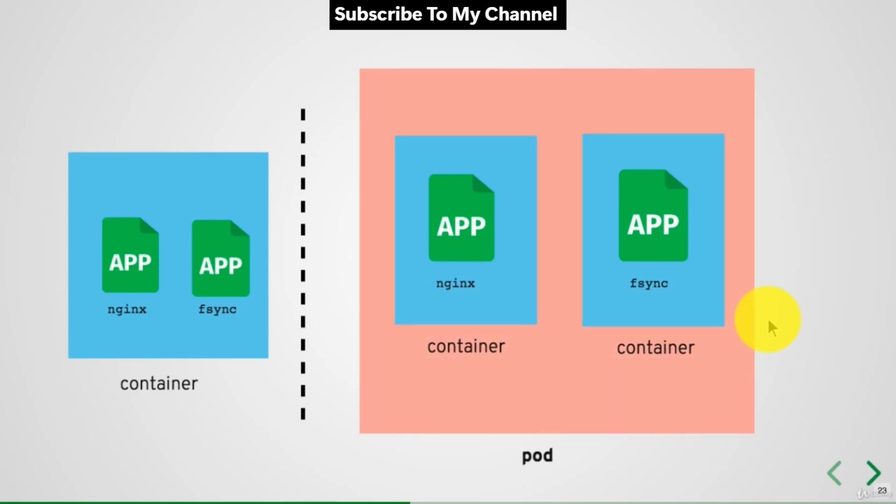And that is in the form of pods. So the unit of deployment in Kubernetes is not a container, but a pod, and a pod allows you to co-locate and run these containers together.